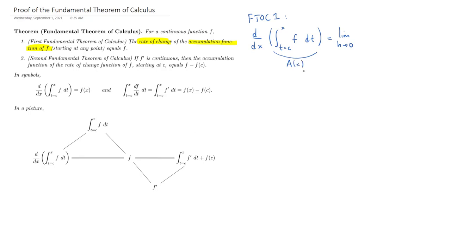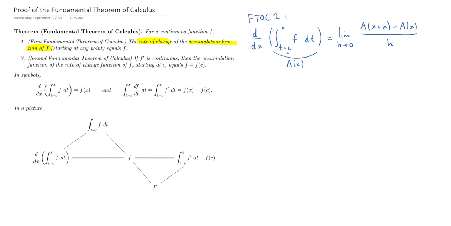So this would be the limit of (A(x+h) minus A(x)) over h. That's our definition of a derivative. Now, it might be a little tricky to see what's going on with A(x+h) minus A(x), because we just defined this notation.